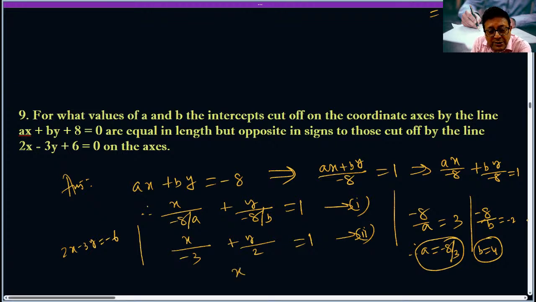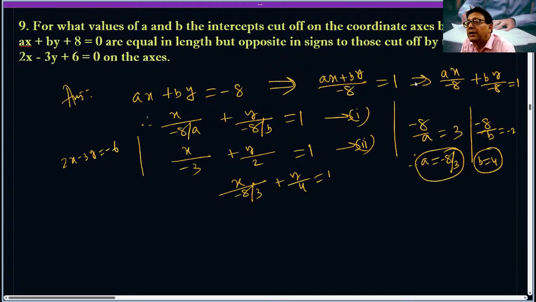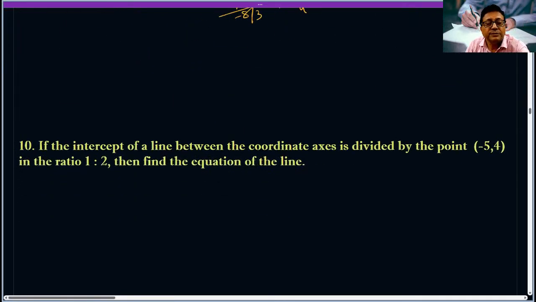So the required equation is what? Isn't it? Just simplify it. The answer is there. Clear? Understood? Next one.